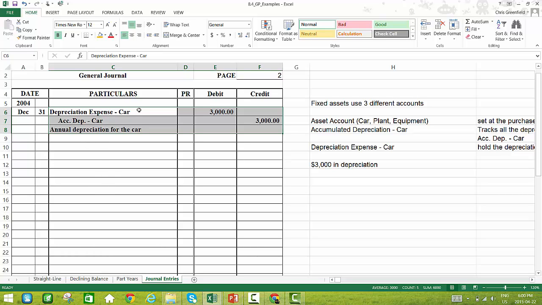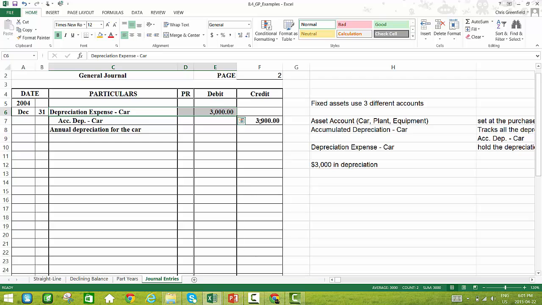If we had 100 of them, we would have 100 entries like this. And so then what happens is, as I said before, this $3,000 in the expense account gets put against our revenue to calculate our net income or loss for the year. So that's putting that individual year's expense or use of that car towards the profit or loss.